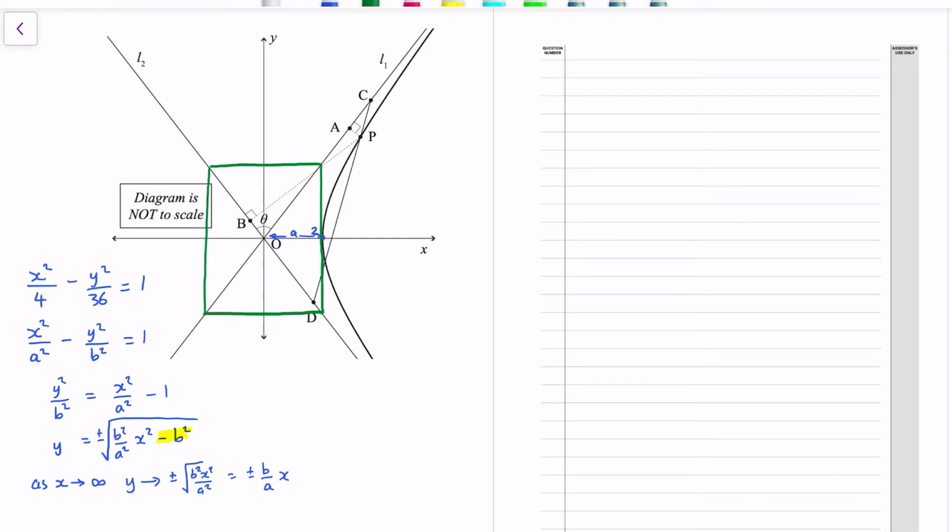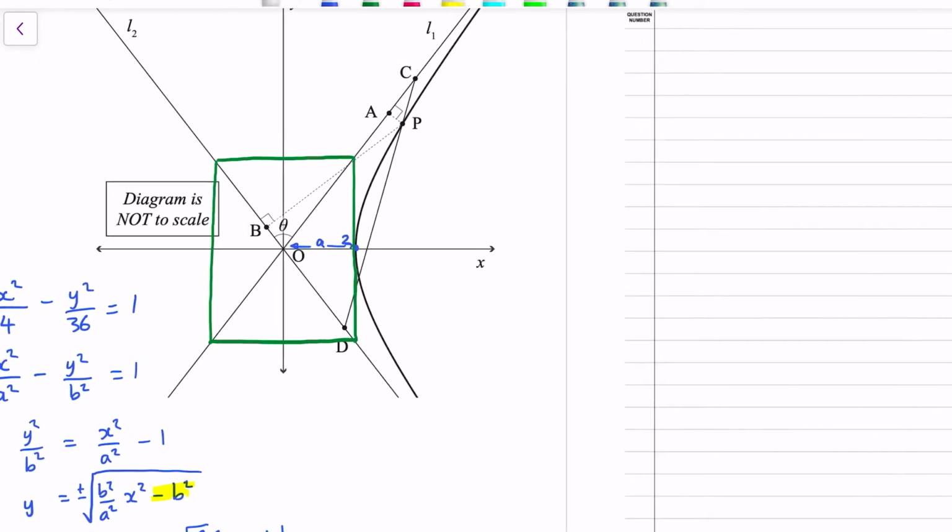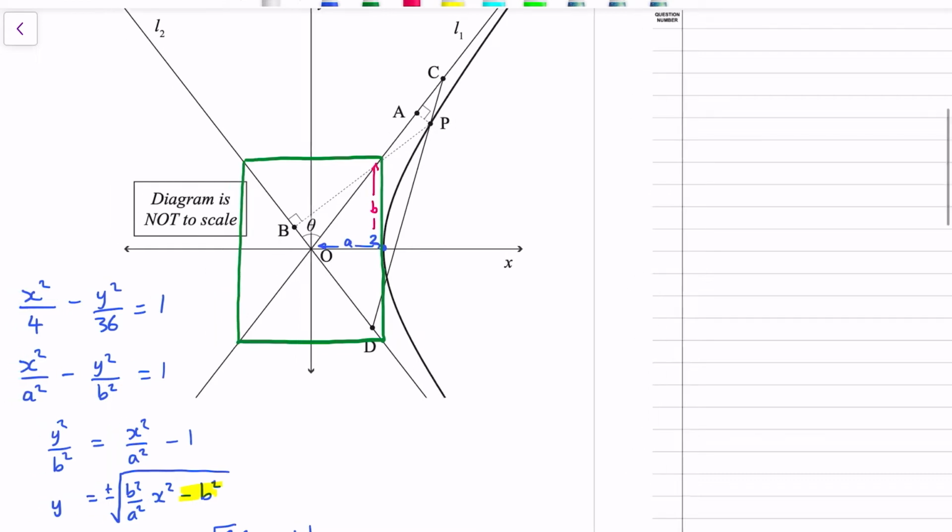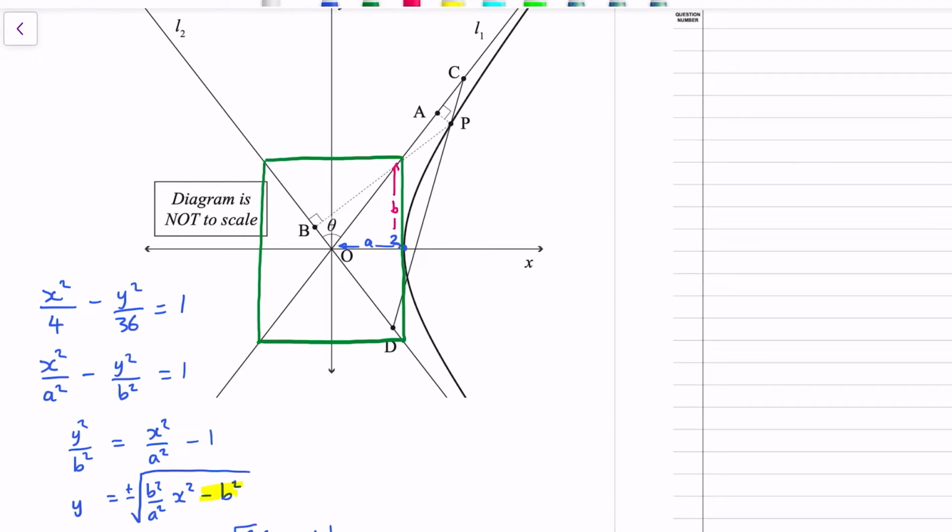Because I've already said that a is equal to 2, and we know that the slope is b over a, this rise here must be b. And from the question itself, a squared was 4, b squared is 36, so b is 6.